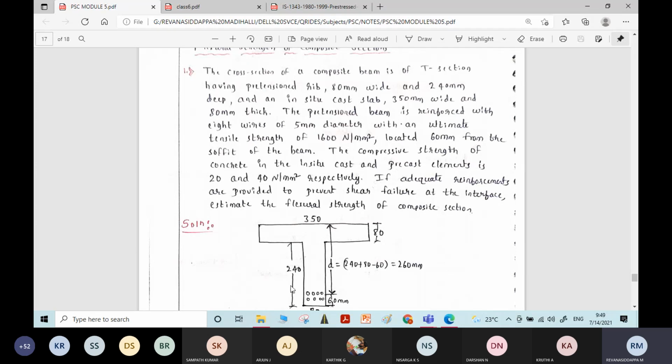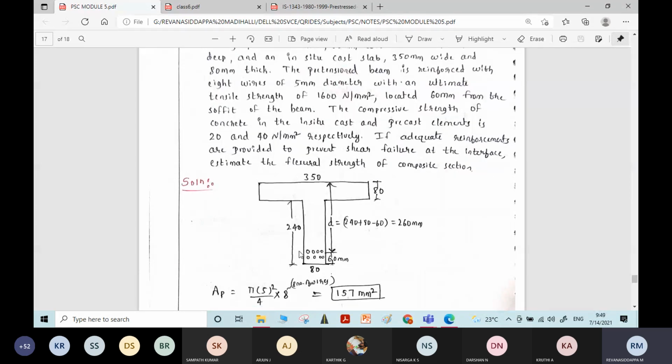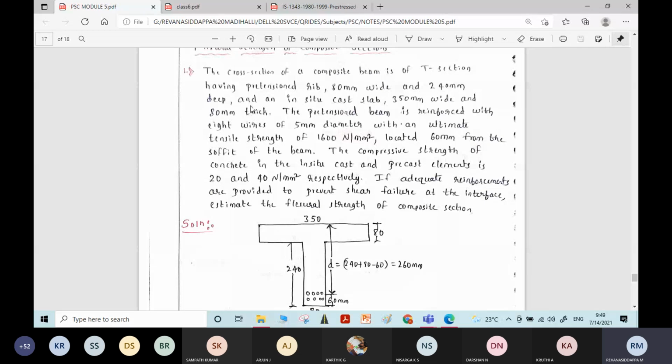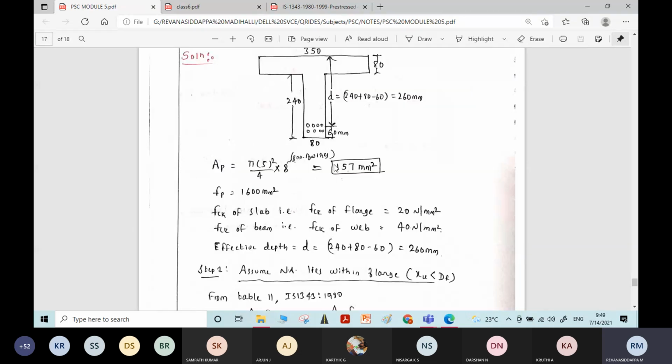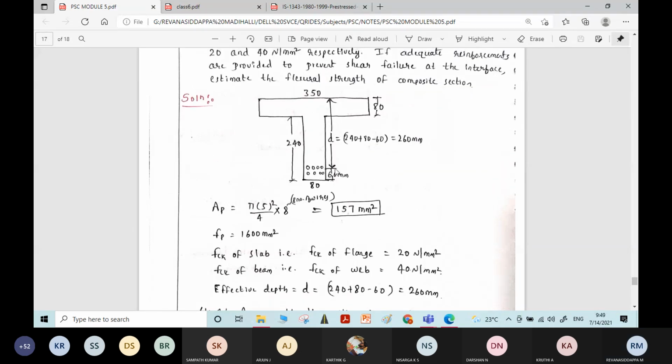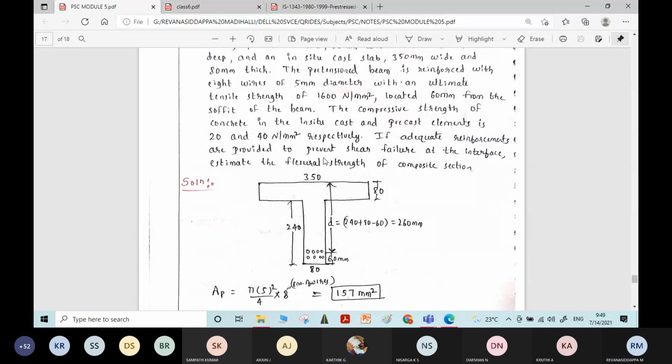The pre-tensioned beam is reinforced with 8 wires, each having 5 mm diameter, with an ultimate tensile strength of 1600 Newton per mm square, located 60 mm from the soffit of the beam.